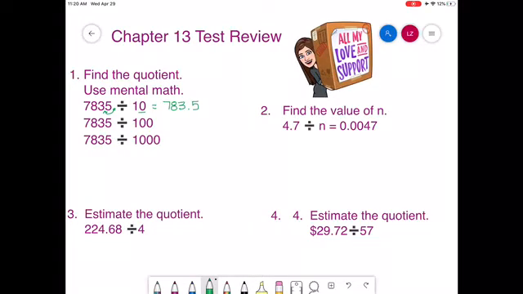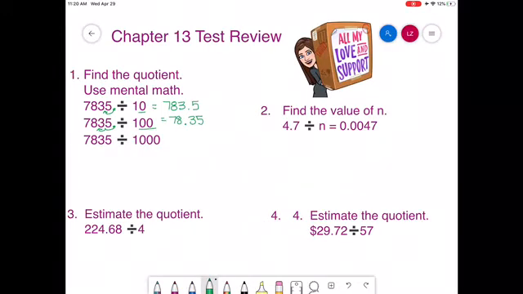All right, let's go on to the next one. 7,835 divided by 100. 100 has 2 zeros. You are going to move this decimal point, which is here, because it's a whole number, once, twice, over to right there. So your answer is going to be 78 and 35 hundredths. And this makes sense because if you have 7,000 something and you divide it up into 100 pieces, your answer of 78 makes sense. It's going to be smaller, right?